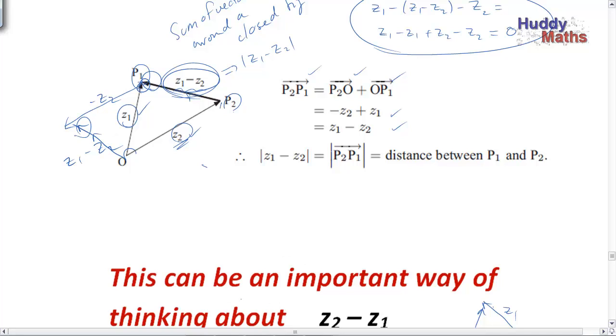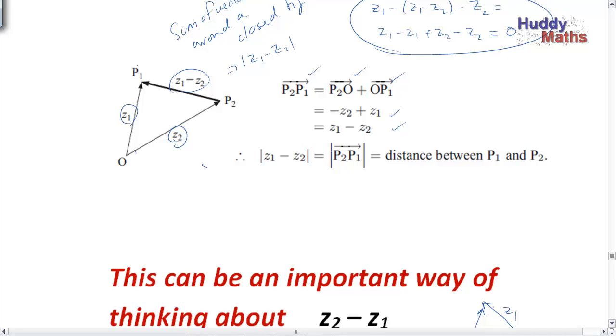That's one way of doing it, but one of the handiest ways is to recognise that if you have Z1, Z2 in a closed triangle like that, Z1 take Z2 is a vector connecting from the end of Z2 back to Z1, because it's the sum of vectors around a closed figure.